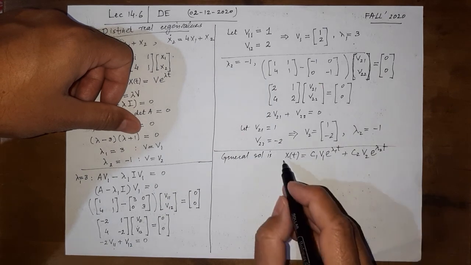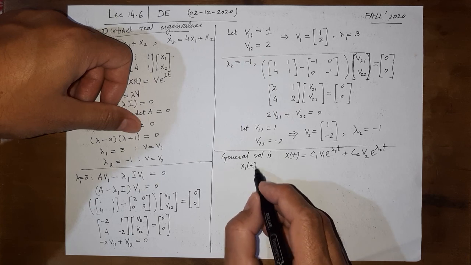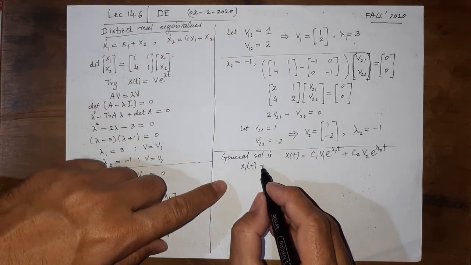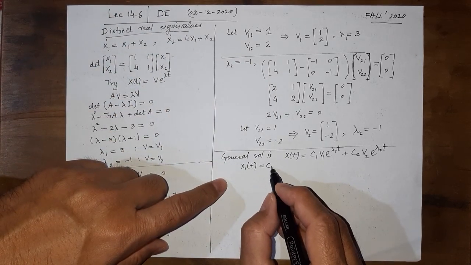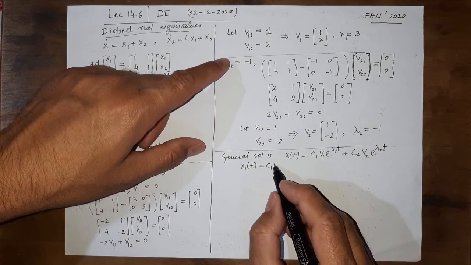So what I skipped in the last part is for you to understand that this means that x1(t) would be equal to c1 and the first element of v1.